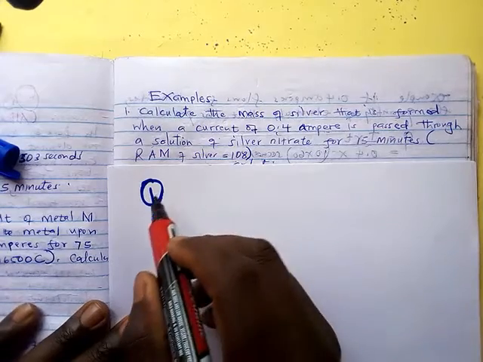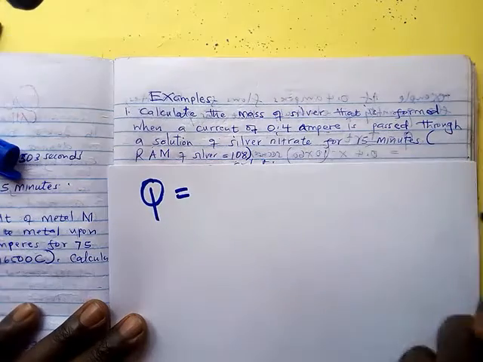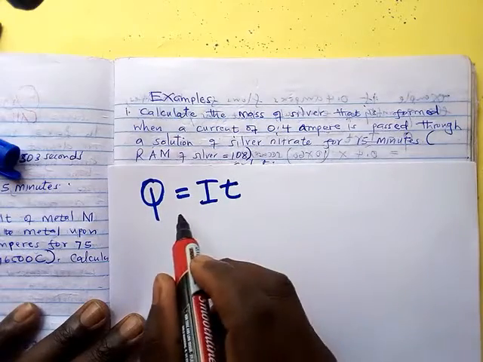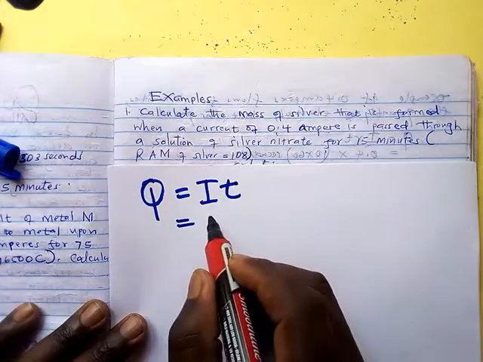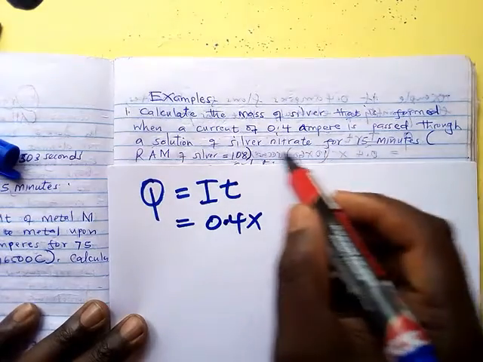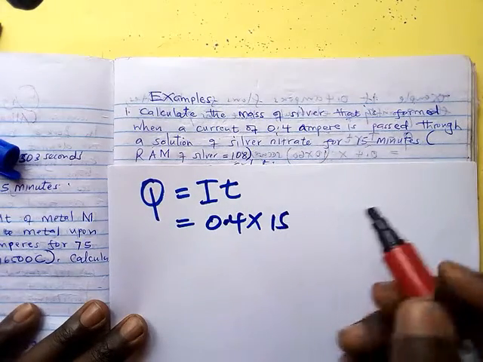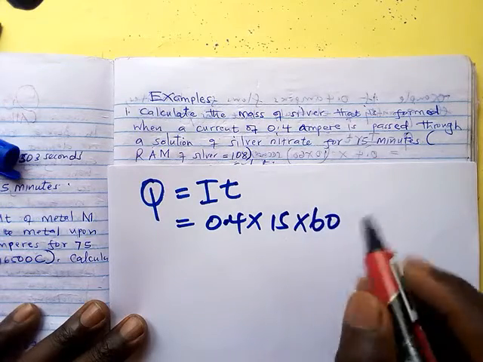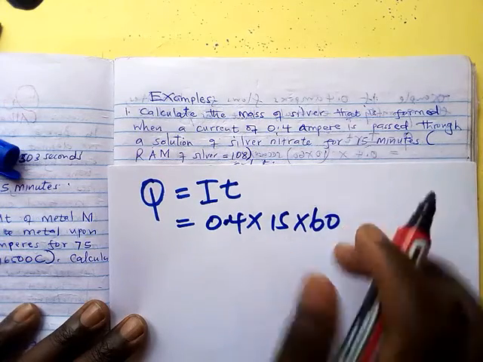Q, the quantity of electricity, is equal to current times time. The current is 0.4 and the time is 15 minutes, so 15 minutes times 60 to convert the minutes to seconds.